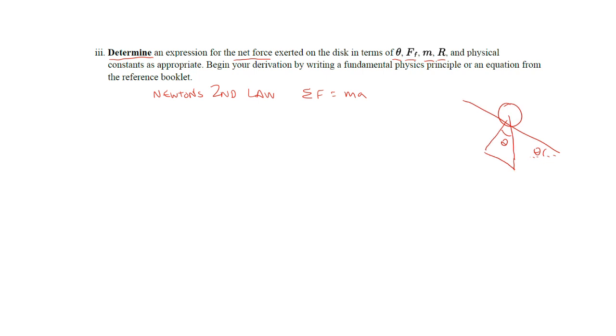This is the force of gravity. This is the force of gravity parallel to the ramp. So that is equal to the force of gravity, and that's the opposite angle, so that's sine of theta.